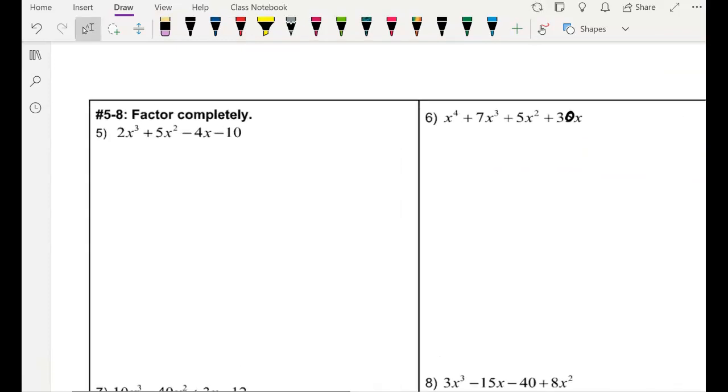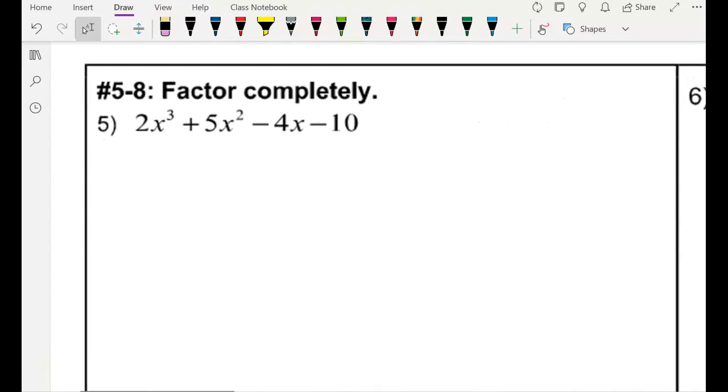So example 5 says, we have 2x to the third, 5x squared, minus 4x, minus 10. So if we look at just the numbers, 2, 5, 4, and 10, we are not going to have anything in common except a 1.